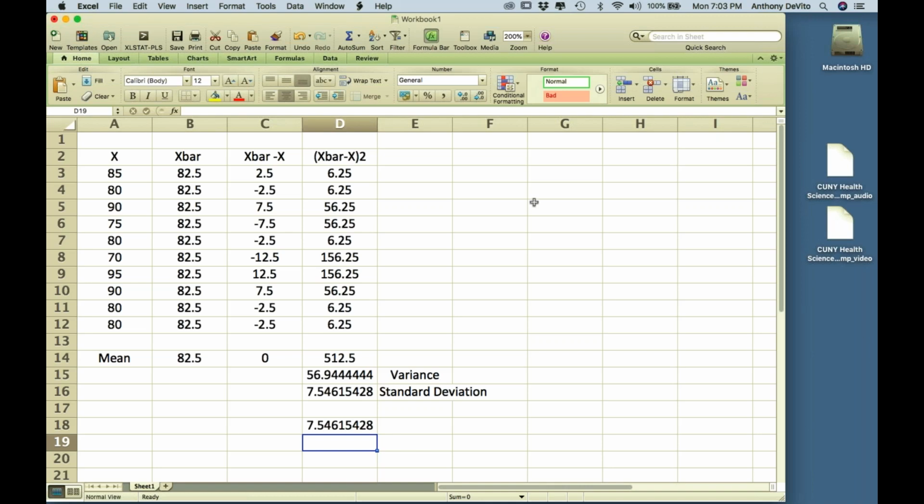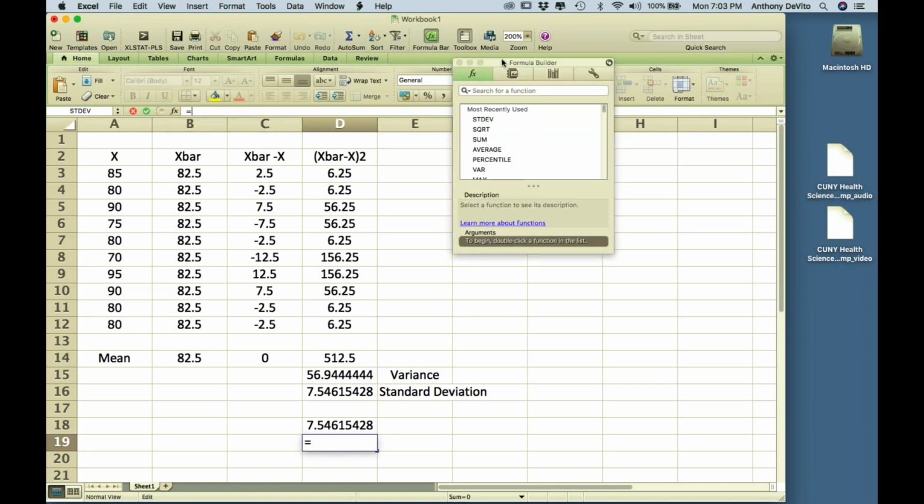Okay, now, how do I know all these things exist? If you go up to this little f of x, now I'm using Excel on a Mac. This is also a 2010 version or something like that. If you see it on a PC, it uses ribbons, but it looks a little different. But they basically look the same. If I click on that little f of x or formula builder, a window comes up where you can search through all the different kinds of functions.